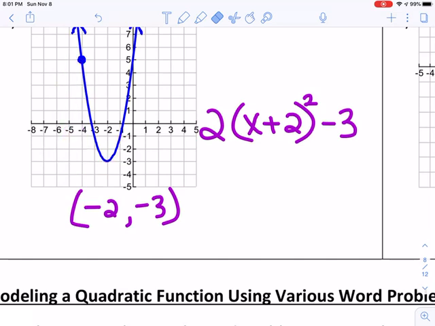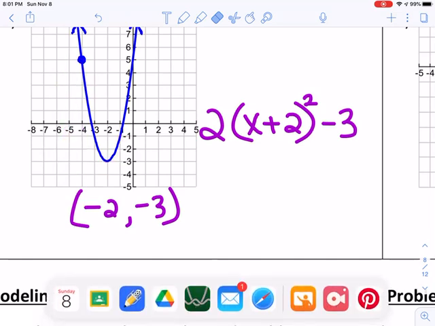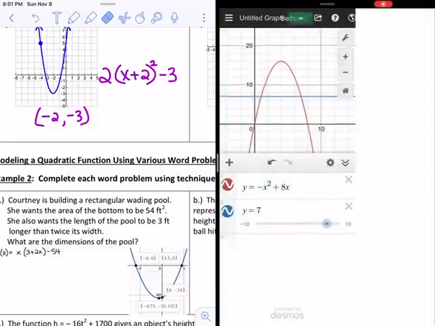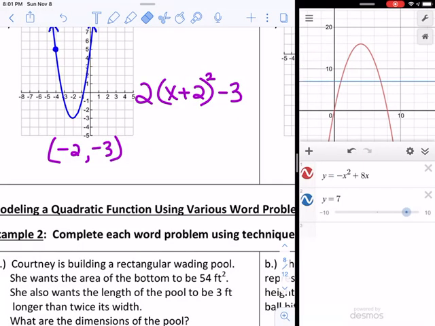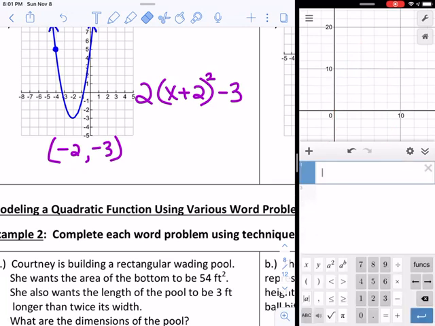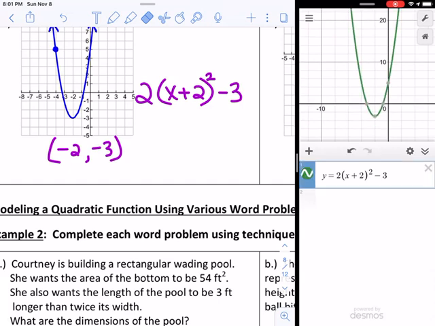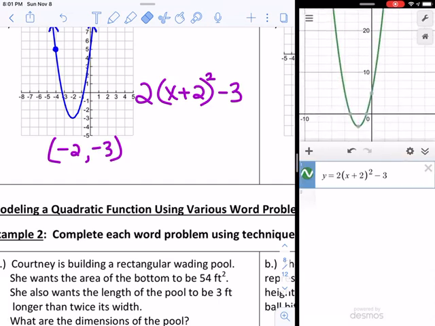So we can always double check by using Desmos to graph and see if our equation makes our graph match up. So we're going to type in y equals 2 times x plus 2 quantity squared minus 3. How's that look? Is the vertex in the right spot? -2, -3.